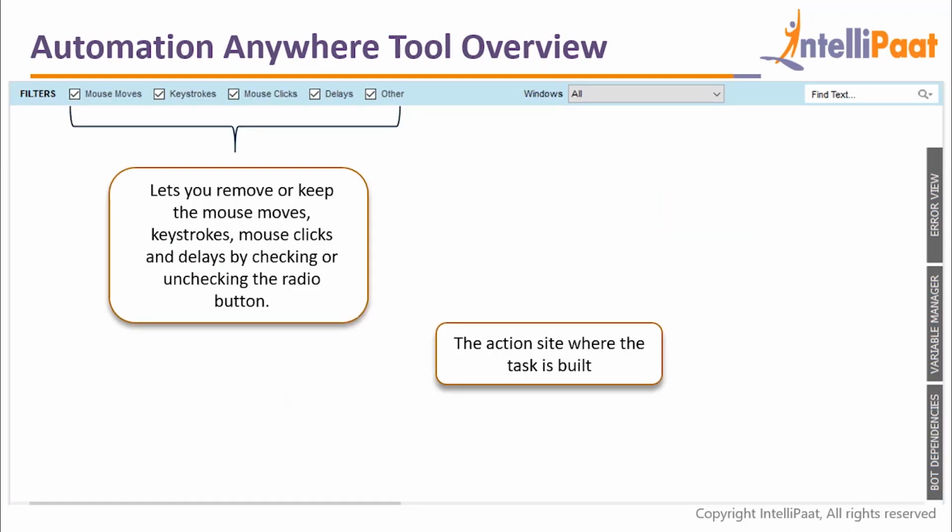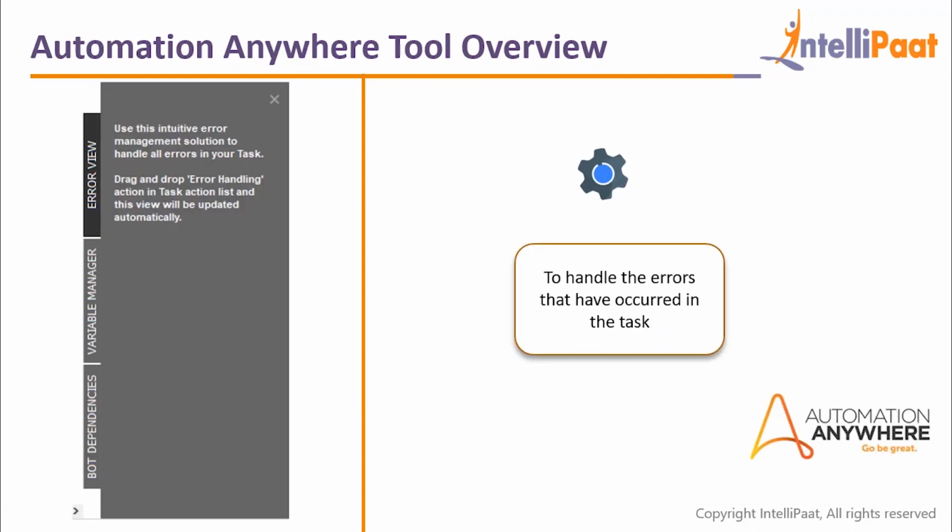The action site is where we build the task, and it has filters which let us remove or keep the mouse moves, keystrokes, mouse clicks, and delays by checking or unchecking the radio buttons there. The right panel first has the error view to handle all the errors that have occurred in the task.